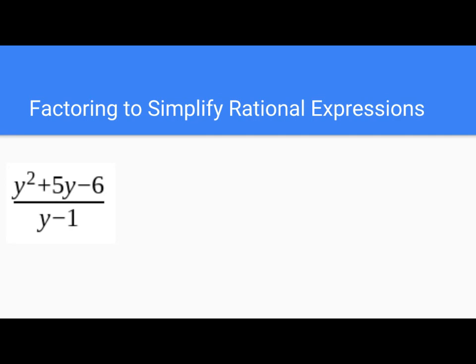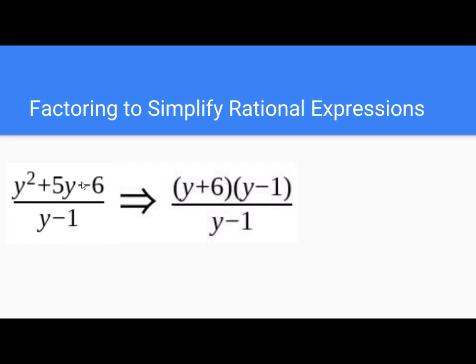So how about 6 times -1? 6 times -1 would be -6, and 6 plus -1 would be 5. So I can factor that to y plus 6 and y minus 1. The way I did that was I was looking for 2 numbers that multiply to -6, 6 and -1, that also add to 5. 6 plus -1 is 5, and you can FOIL this out to prove it to yourself.